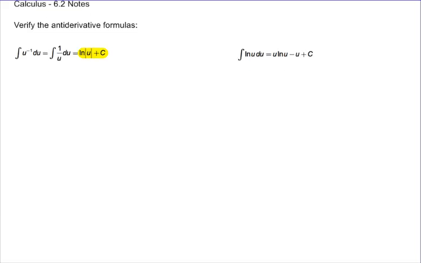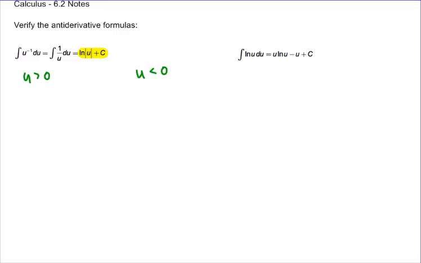There are two cases to consider here. One is that u is greater than 0, and the other is when u is less than 0. And remember, when you're talking about natural logs, you cannot have a natural log of a negative number. So that's why the absolute value part is important.